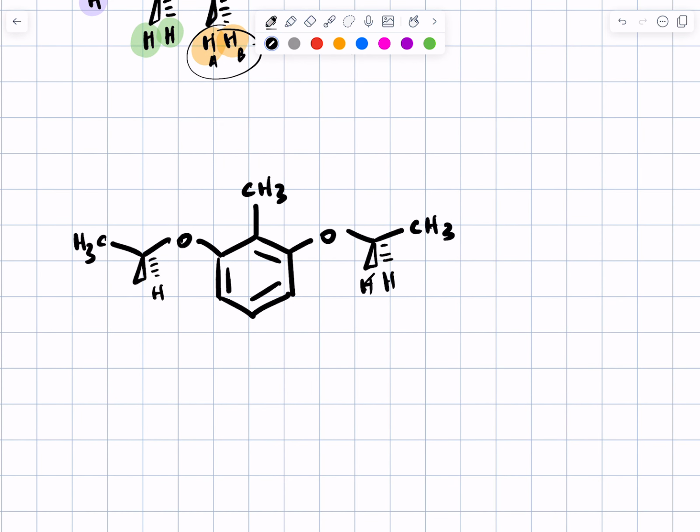Okay, first I want you to answer the question: how many different kinds of protons do I have? And then as we identify groups of protons, we'll deal with this issue of homotopic and enantiotopic and so on. I'll give you a minute or two to think through that.